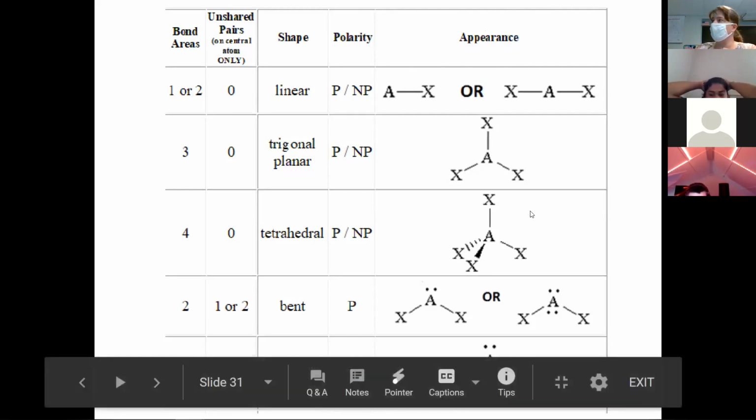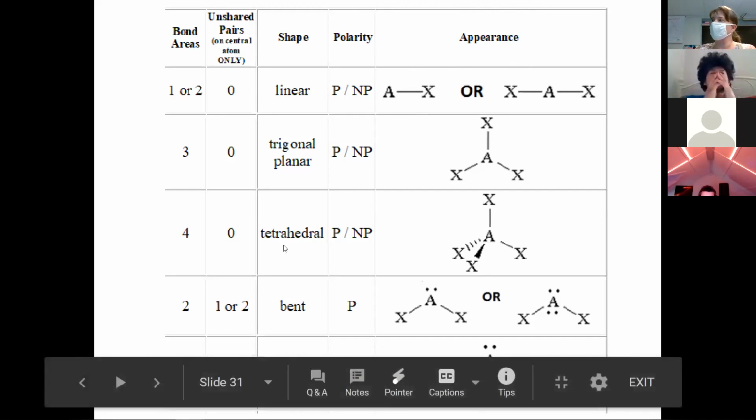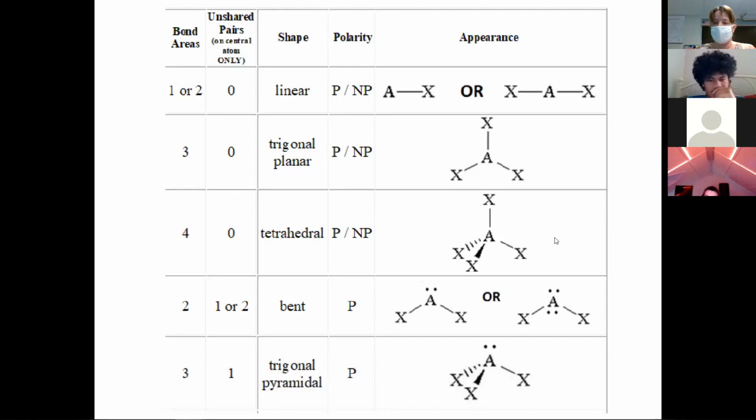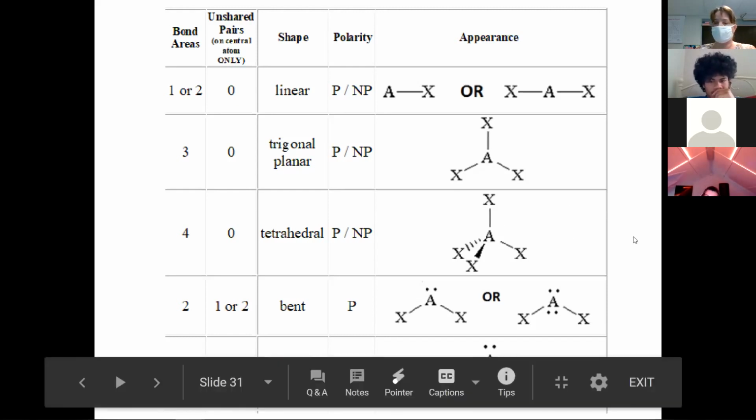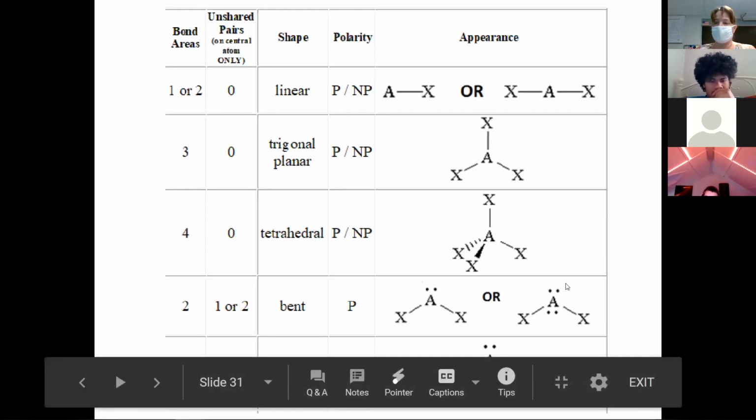These drawings are shown to represent a 3-dimensional structure that is similar to the Lewis drawing, but it's not exactly the same. For example, if you go to tetrahedral, which is halfway down, we know that when we have a central atom with 4 things around it on paper, it essentially just looks like a plus sign with the central atom and then 4 things around it.